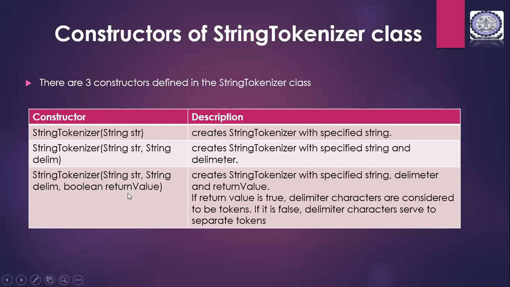A boolean data type is nothing but true or false. If the return value is true, then the delimiter character is considered to be a token. If it is false, then the character serves to separate the tokens. So if this return value is initialized to false, then this delimiter is used to separate the tokens. If it is true, then the delimiter is also considered to be a token.